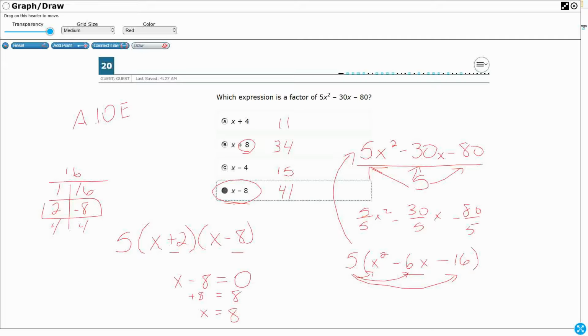So that also could have been something that messed up our students. But either way, this was definitely on the harder side. This was tied for our 8th most challenging item on the test. So I think that first step might have tripped up some students factoring out that 5, and then making sure we're stopping at looking at the factor, not necessarily trying to get all the way down to a solution or a 0.